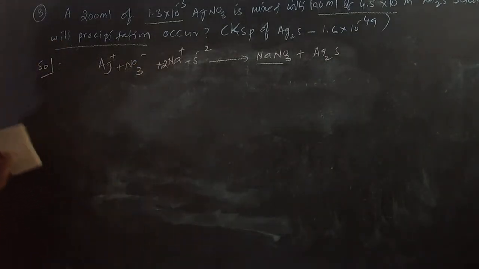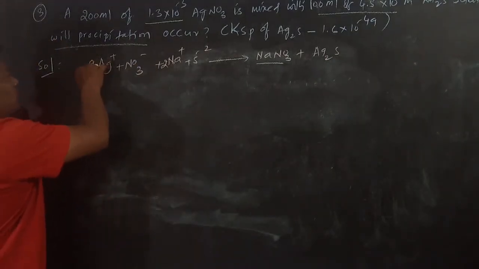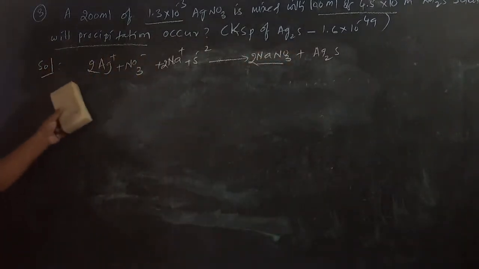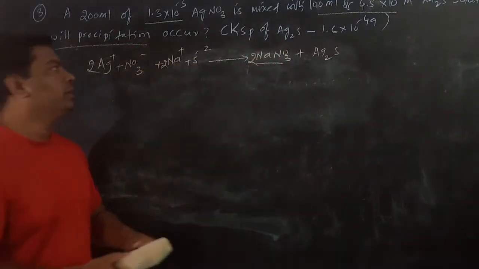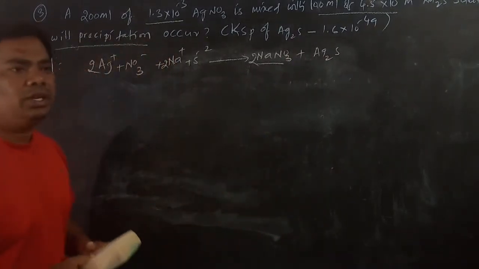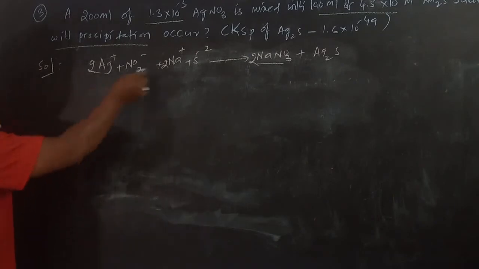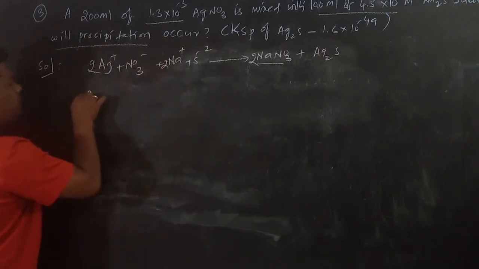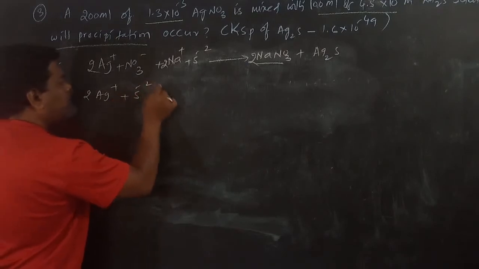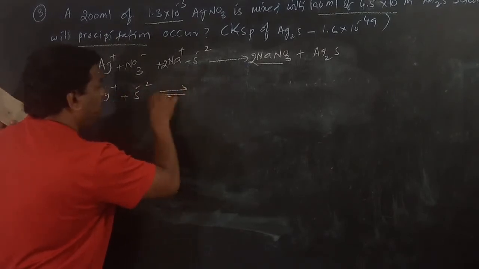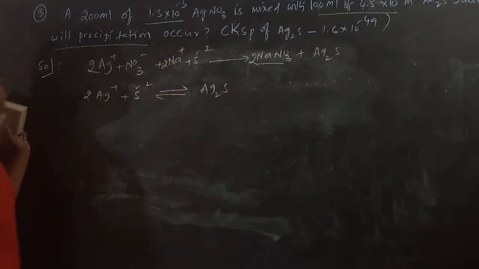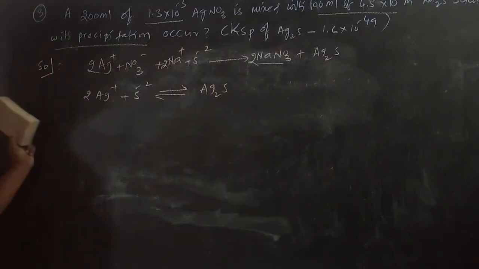Multiplying by 2, that is Ag2S. So we expect the precipitation product Ag2S, that is silver sulfide. The silver sulfide formation takes place, that is 2Ag+ plus S2-. So silver sulfide formation is possible.